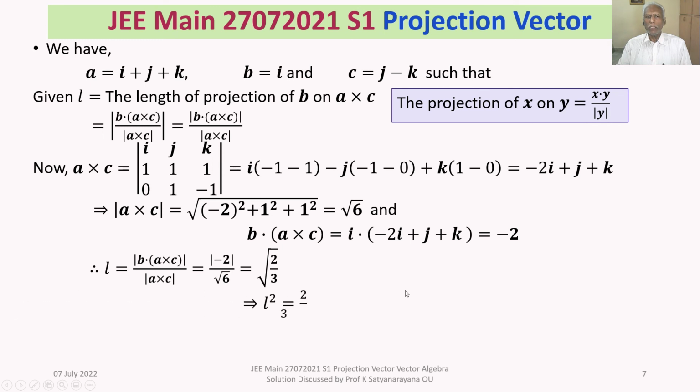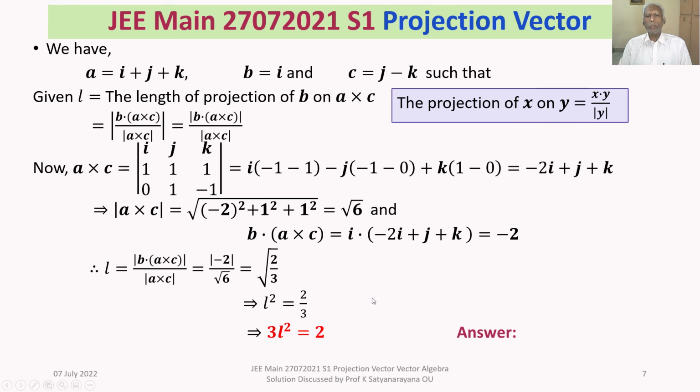Squaring on both sides, we get L square is equal to 2 by 3, and this will imply 3L square is equal to 2. That's what precisely we want in the question. So that is your answer. 3L square is given as a blank. In that blank you have to put 2.